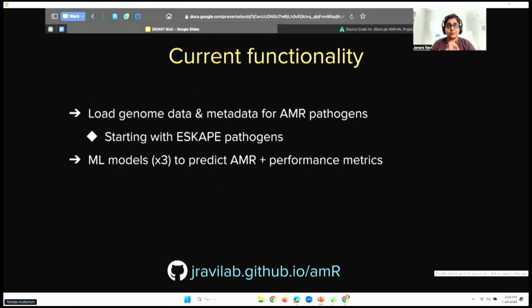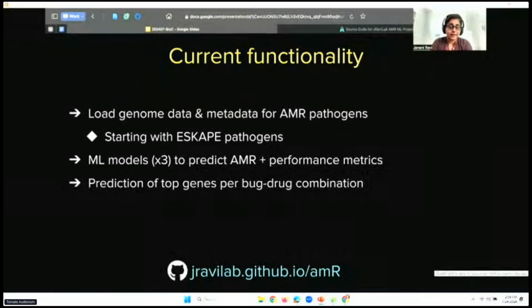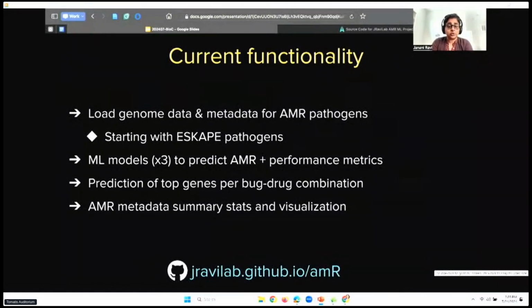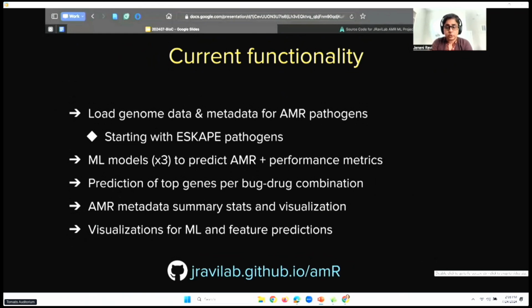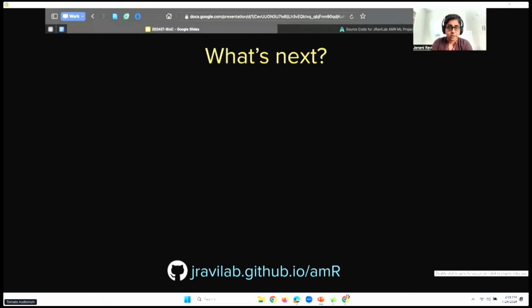We also have modules or functions that you can run for multiple machine learning models based on how your data is structured and which ones you want to run and compare. And we also give you the performance metrics for each of these. And you also get the prediction of the top genes per bug drug combination. There are also a bunch of functions that will help you with getting summary stats and visualization for the AMR metadata, and also for your final predictions that come out of the machine learning model.